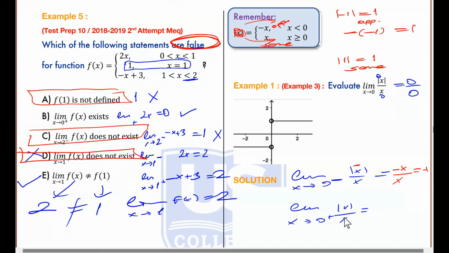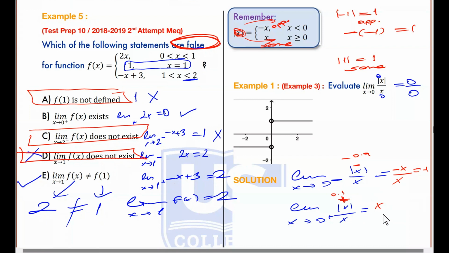All right, what about the right side limit? 0 from the right. When you pick a number very close to 0 and bigger than 0, like 0.1, then the inside of the absolute value is positive. If inside is positive, then it will come out as positive x.